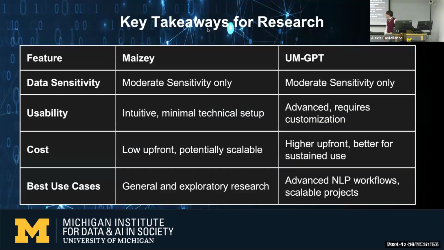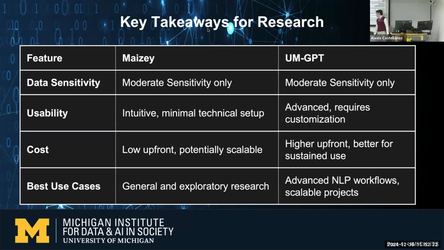Key takeaways from this quick rundown: Maisie and UMGPT both have moderate sensitivity. Maisie is intuitive with minimal setup; UMGPT is advanced and requires customization. Cost is low upfront for Maisie and potentially scalable; UMGPT is higher upfront but better for sustained use. So if you're building an app, you actually want to go with UMGPT.